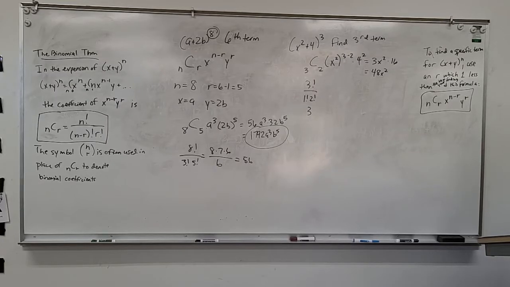Anybody tell me? Yeah, you got it, Diego? Because b to the 5th power? Because in the formula, y is wherever it has y to the r, and that is b to the 5. So then the b to the 5 is what we're finding.